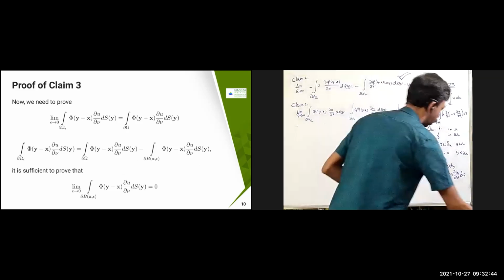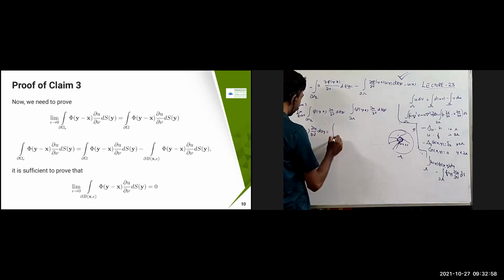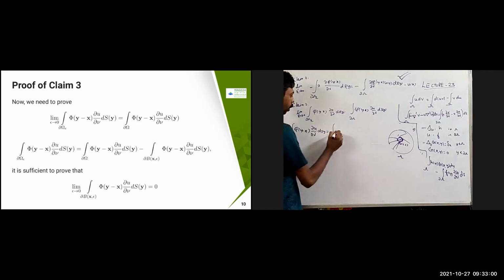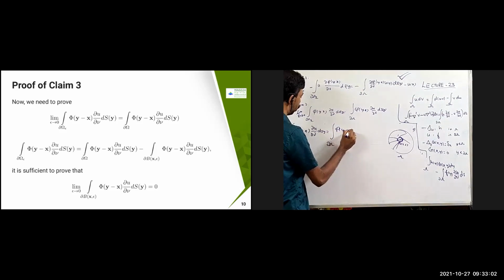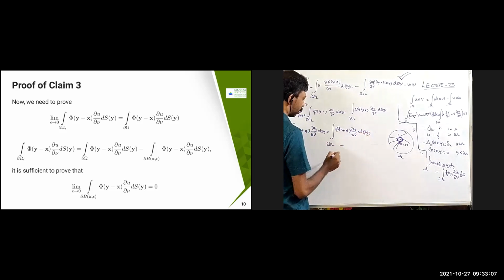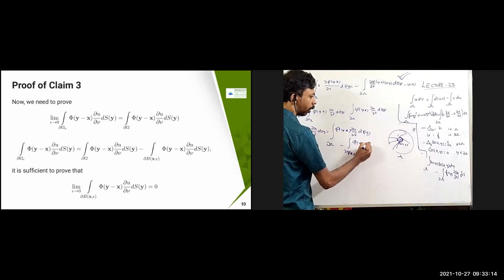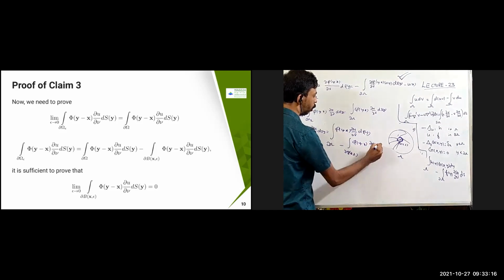So I am going to take the integral over ∂Ω of Φ(y minus x) ∂u/∂ν dS_y, plus minus the integral over ∂B(x, epsilon) of Φ(y minus x) ∂u/∂ν dS_y.